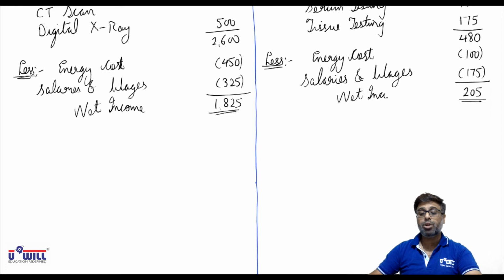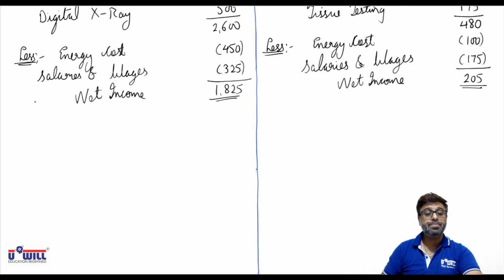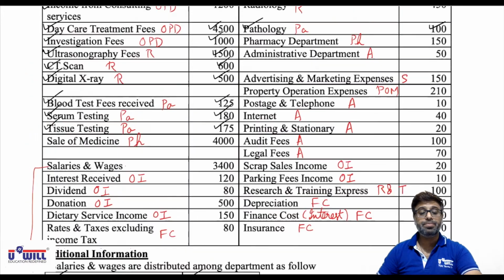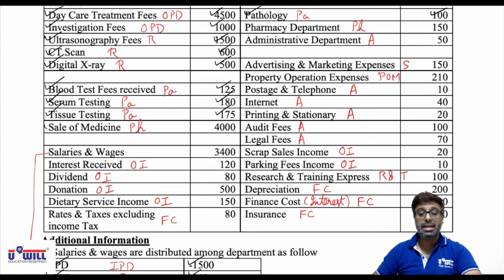Then after pathology department, we will have pharmacy income. Now pharmacy PH, sale of medicine, that is 4,000.